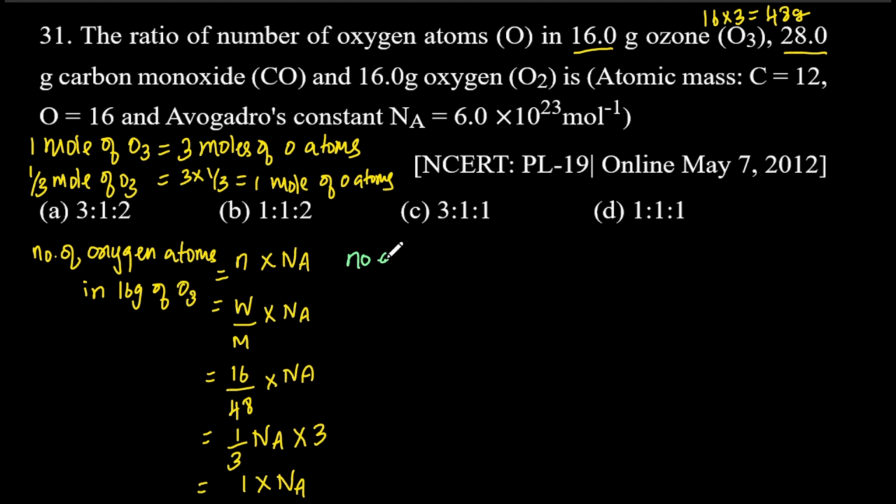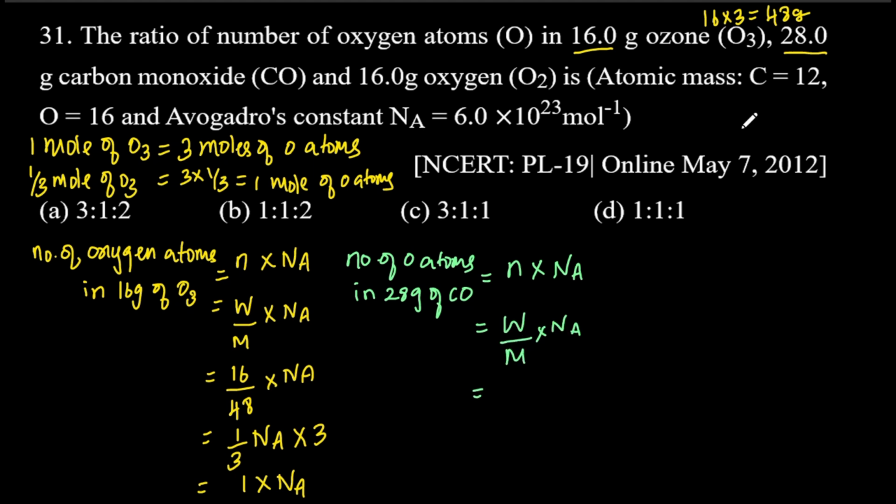So the number of oxygen atoms in 28 gram of CO is number of moles into Avogadro number. Number of moles is given mass by molar mass into Avogadro number. So the given mass is 28 and the molar mass of carbon monoxide is 12 for carbon and 16 for oxygen, so the answer is 28 gram.